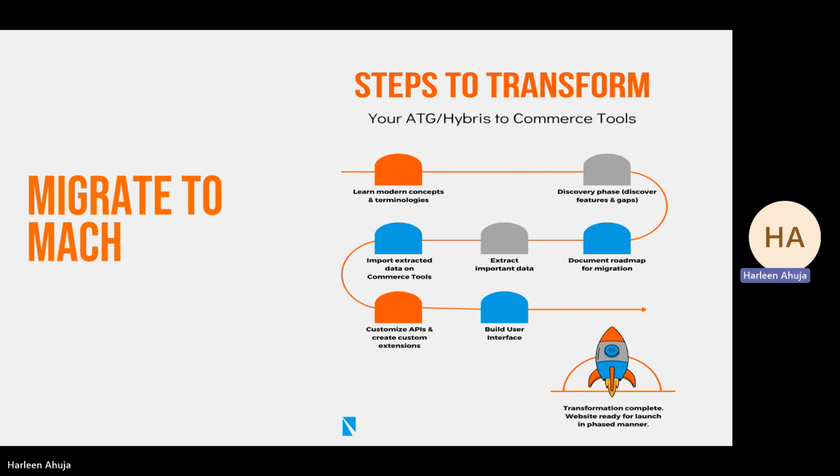Now that we have seen the benefits and the issues of creating an e-commerce application on MACH, we need to understand how we can move from a monolith architecture to a MACH-based e-commerce platform. Here I'll present the simplest steps for transformation from your existing Oracle Commerce or SAP Commerce Cloud platforms to a MACH-based Commercetools platform.